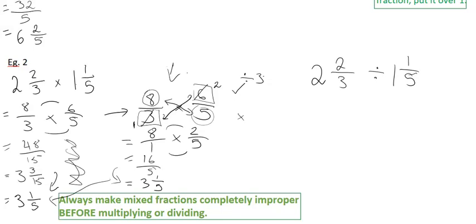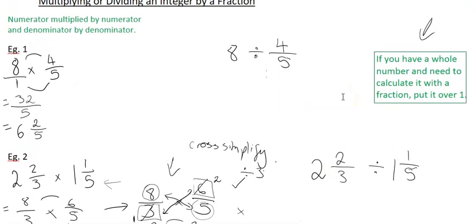Very, very handy when you have large denominators which end up having large numerators when of course you need to then make it improper. So very important that you cross simplify. Okay, very important. So remember that method even when it comes to division.